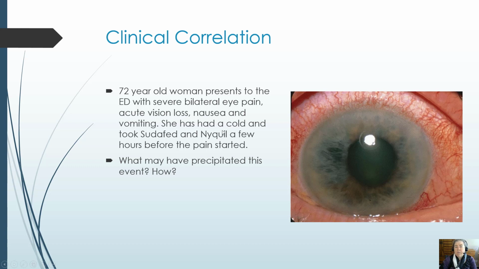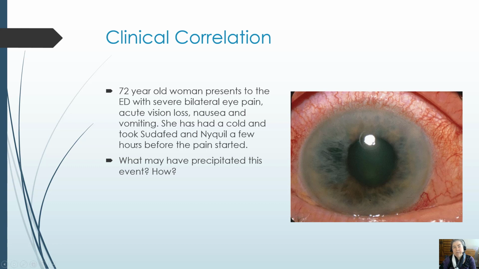So, one of the things that we need to know clinically is what are these drugs, right? Sudafed is a decongestant and it's a sympathomimetic. In addition to Sudafed being a sympathomimetic, most formulations of NyQuil have some decongestant in them, which are sympathomimetics.